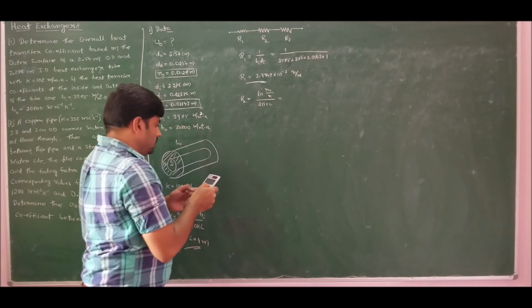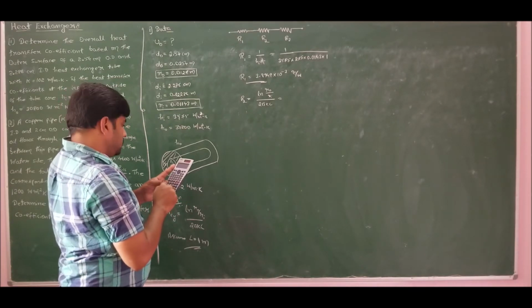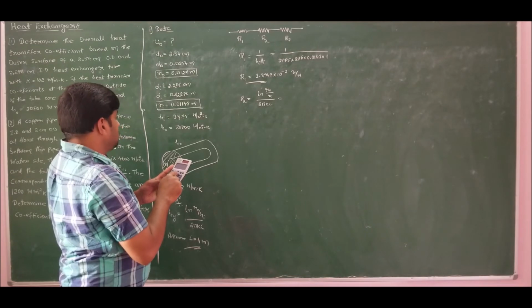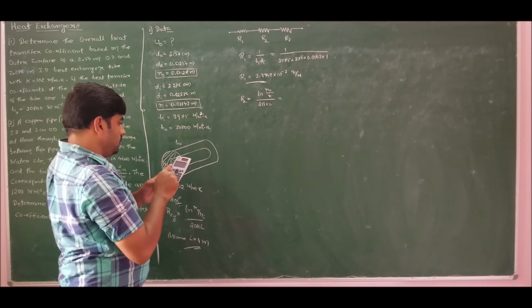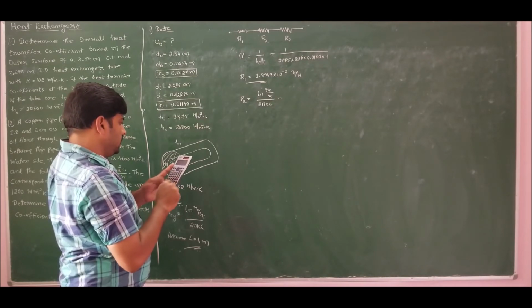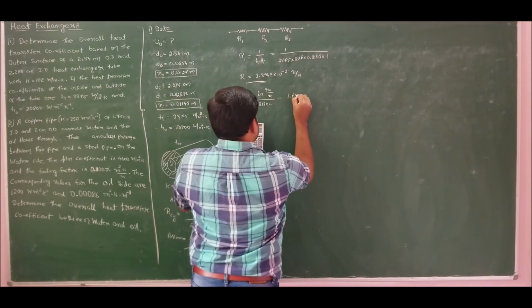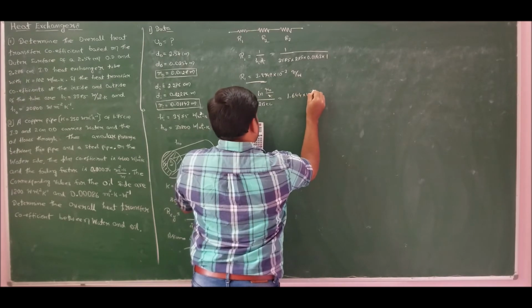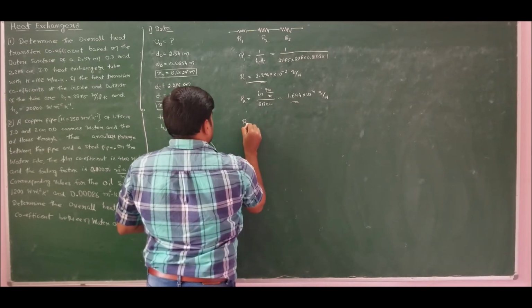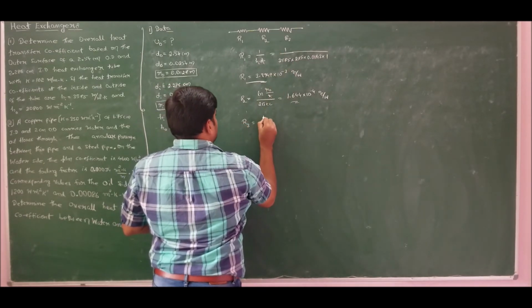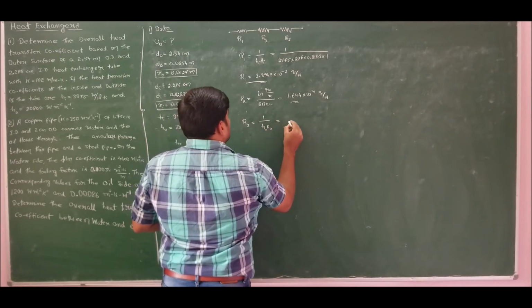Whereas R2 will become ln of R0 by Ri, that is 0.0127 divided by 0.01143, divided by 2 into pi into K, which is 102, into L is 1 meter. I will get R2 as 1.644 into 10 to the power of minus 4 degree Celsius per watt. And now coming for R3. R3 is also because of convection, hence it is 1 by H0 A0.